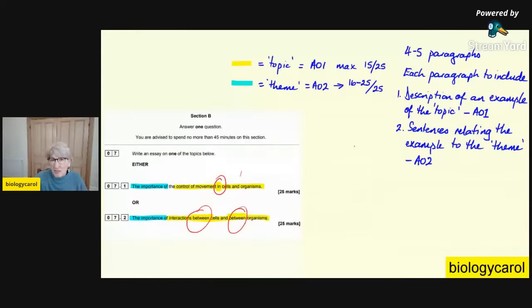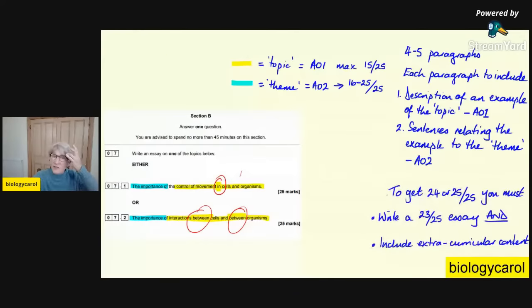Because to do that, you have to do both. Now, notice this one, because everybody seems to forget this one. You have got to write an amazing essay up to the standard of 23 out of 25. This is an A-star essay as it is. And on top of that, you have got to include extracurricular knowledge.